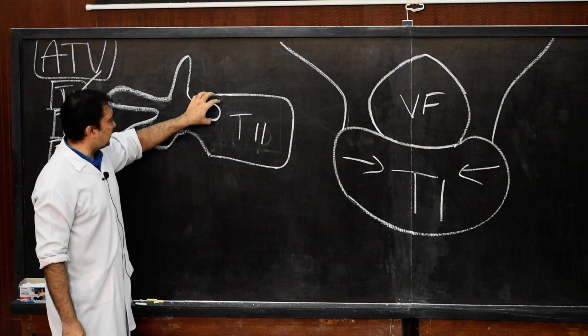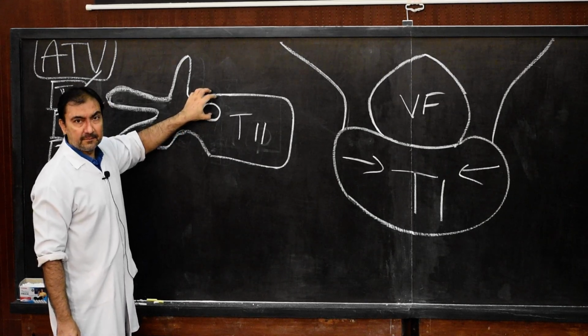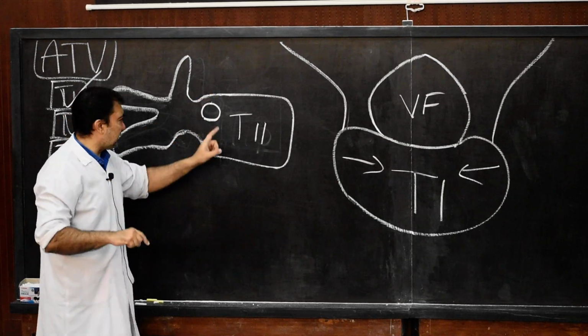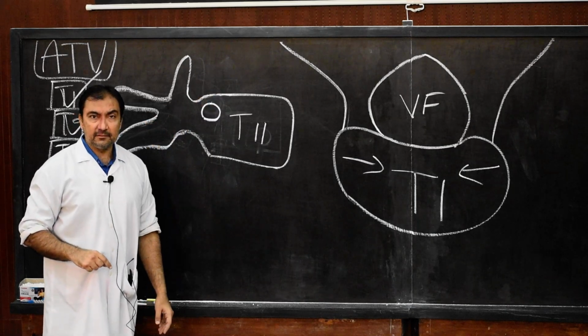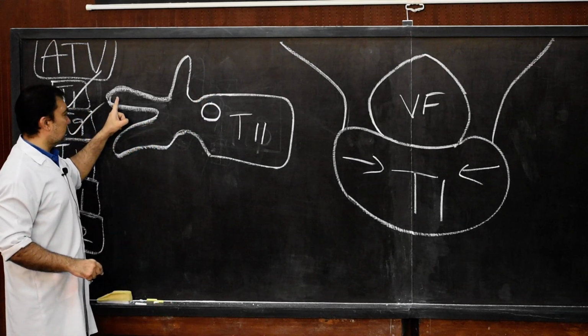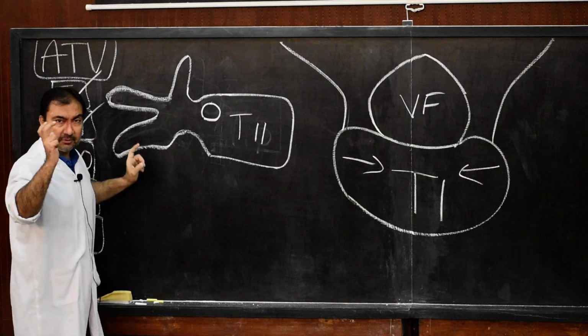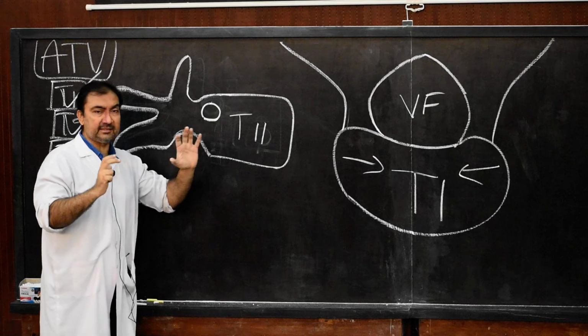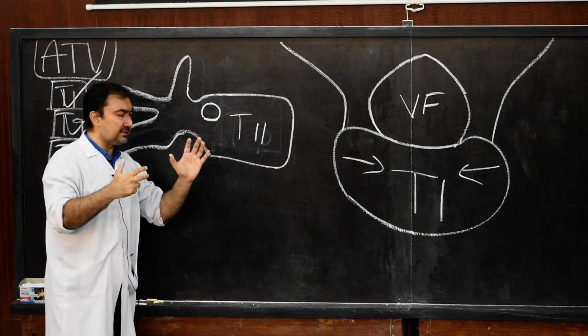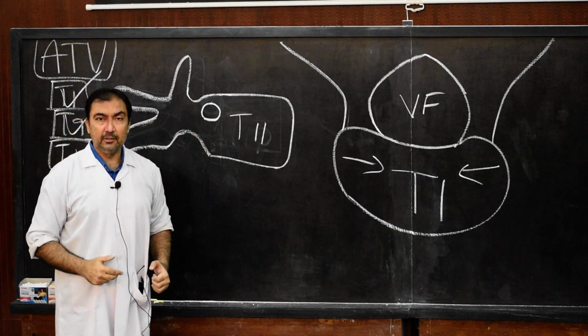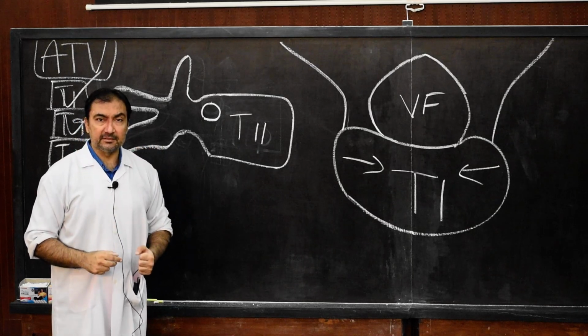In T10, it was present just at the superior margin. And another point of difference between T11 and T10 is absence of costal facet on transverse process. Please note down these 2 points. Please keep in mind this diagram. That is why these diagrams are very important to memorize all the anatomical features.